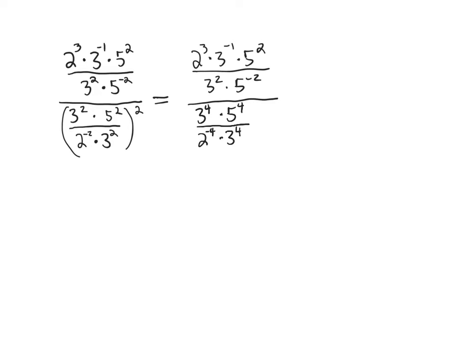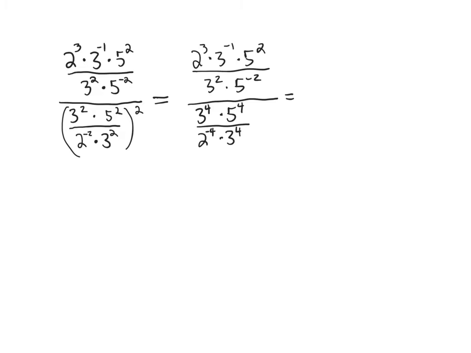So we've simplified that. Now let's write this as a division problem where we'll multiply by the reciprocal. I'll do this in one step. I'll write down my top fraction here, and then divide it by the second fraction, which is like multiplying by the reciprocal.